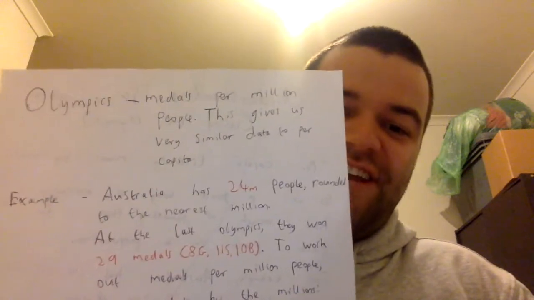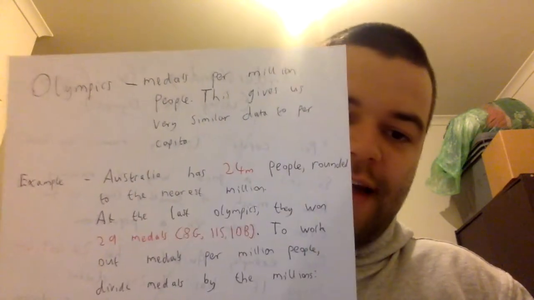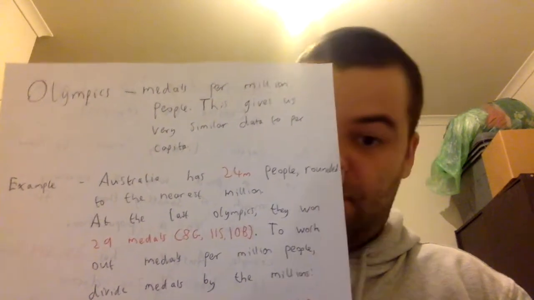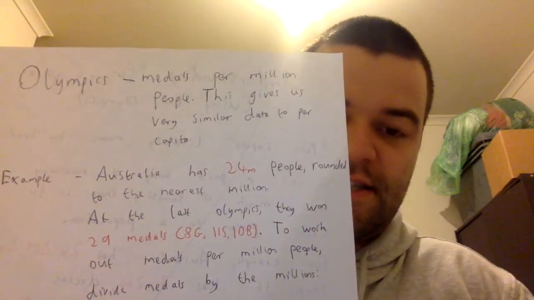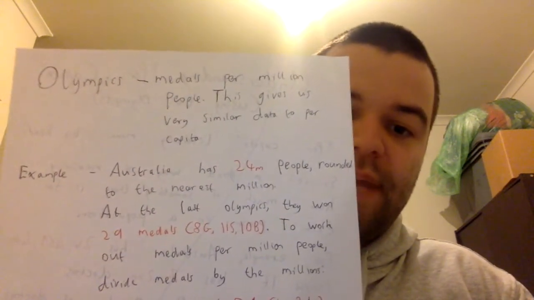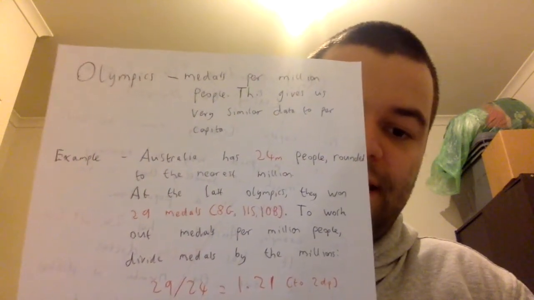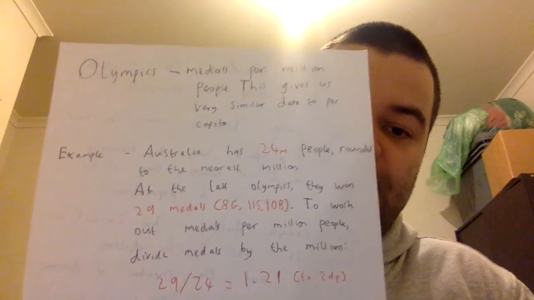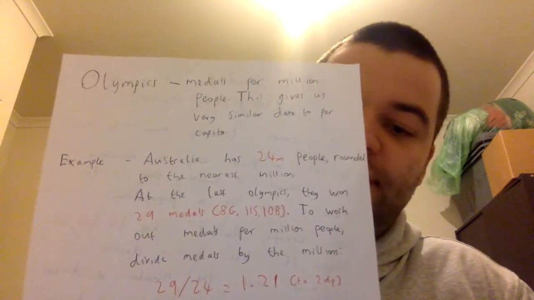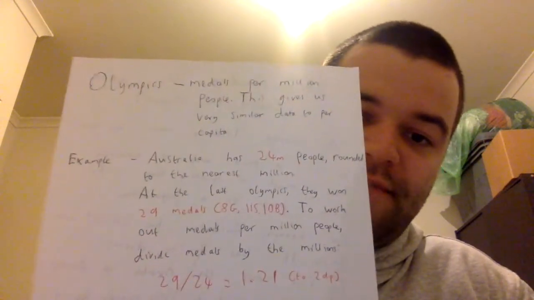So anyway, Australia has 24 million people if we round it to the nearest million. And at the last Olympics, they won 29 medals. So they won 8 golds, 11 silvers, and 10 bronzes, so 29 medals overall. So to work out the medals per million people, we divide the medals by the millions. And for that, it's just 29 divided by 24. And this is really important. You'll notice I divided it by 24, not by 24 million.